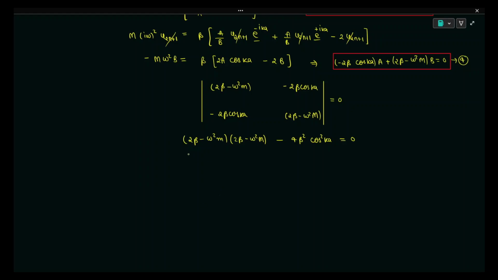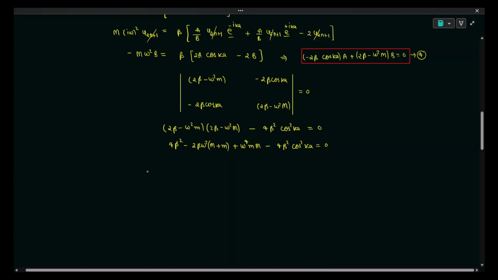And we can simplify this by just opening this bracket. So what we will get is 4 beta square minus 2 beta omega square capital M, and then similar for minus 2 omega square small m. So I can write it as small m plus capital M, and then this and this will become plus omega raised to power 4 small m capital M minus 4 beta square cos square ka equal to 0.